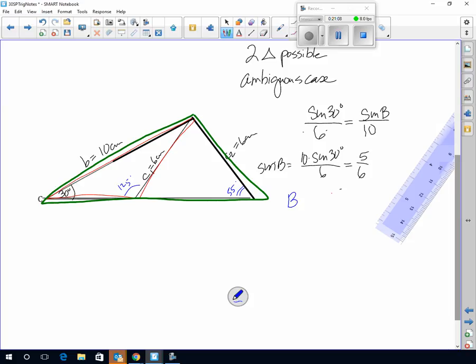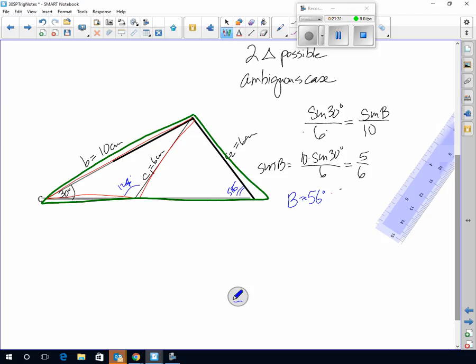I use inverse sine to undo the sine to get B. So it's the inverse sine of 5/6. And what do we get? Oh, we actually get 56. So the problem with measuring by hand is that we get off just a little bit. So this is really 56 and then 124. And that's what Raul got, 124, so good job.